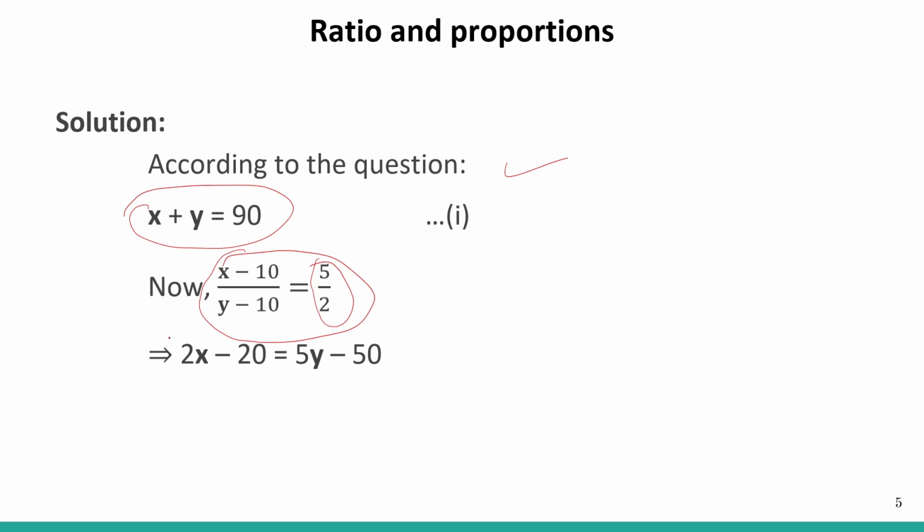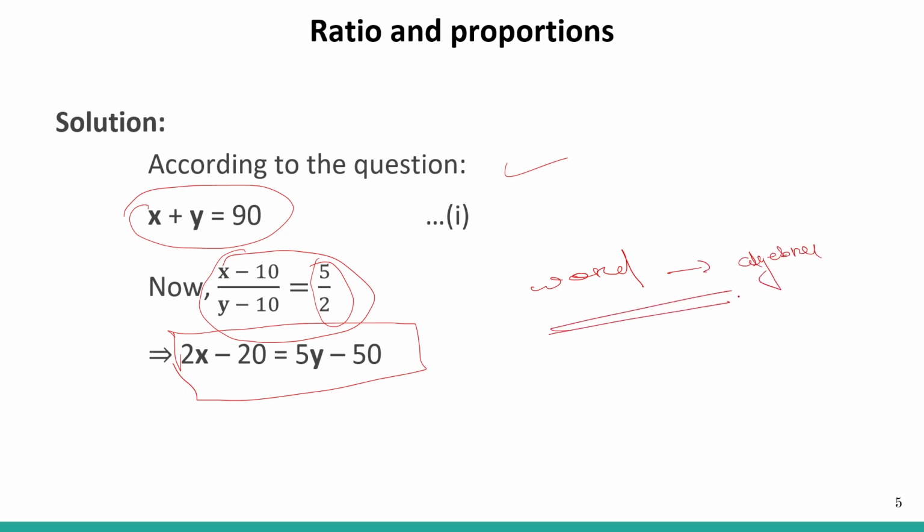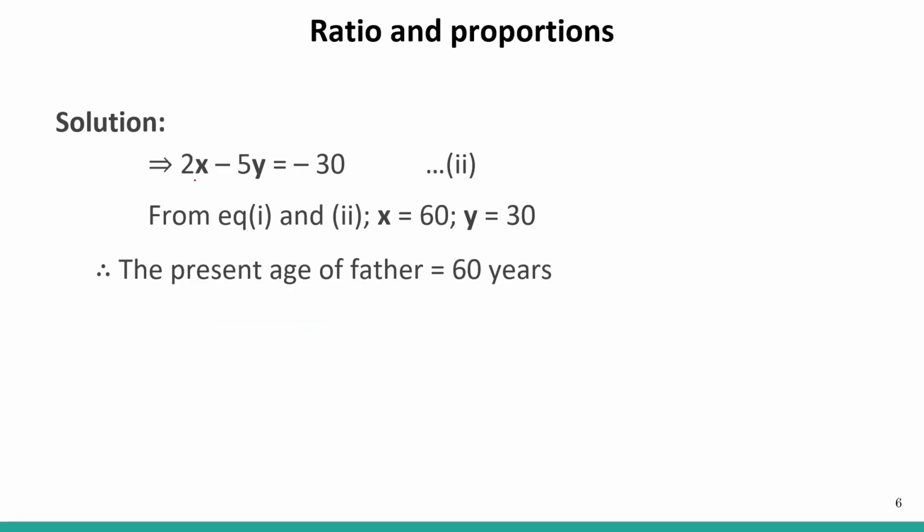So we arrive at the equation 2x minus 20 is equal to 5y minus 50. We have converted the word problem to an algebraic problem. So 2x minus 5y is equal to minus 30 is what we conclude from this equation.